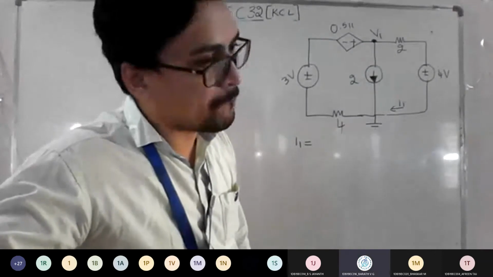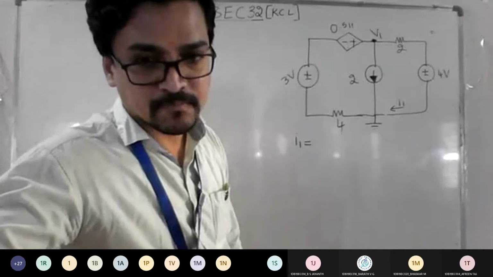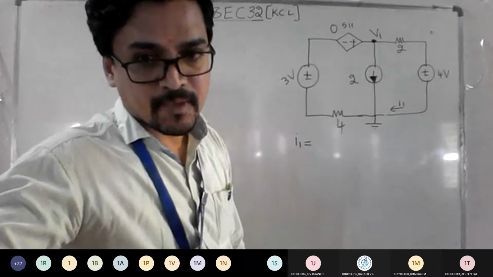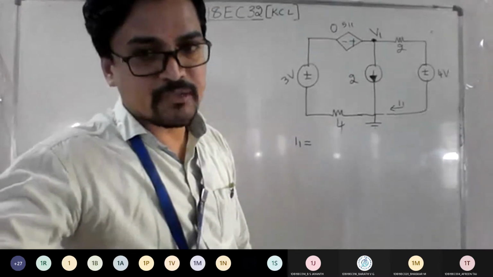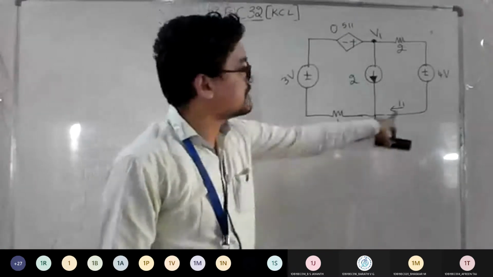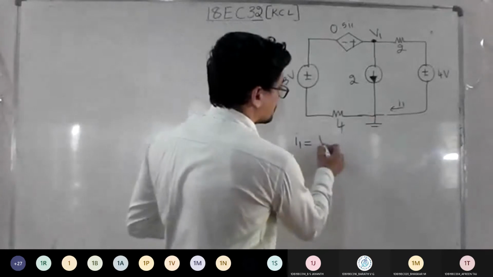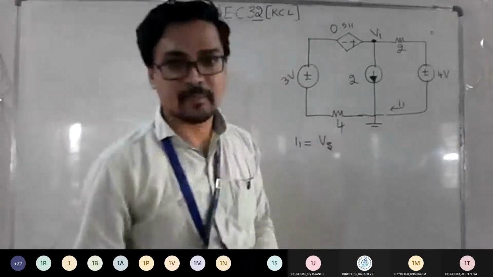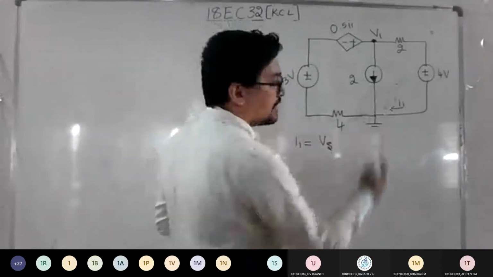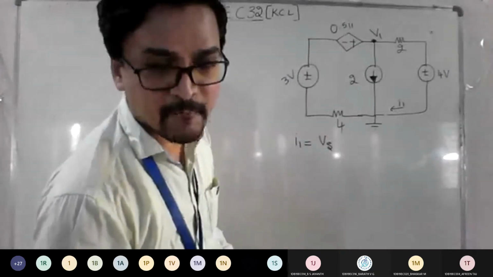Is it only 4 by 2? Actually we need to write current as V by R, correct? This is entering towards this ground, so that is also there in general. So it is V minus Vs. Then you have the supply of that also. Yes or no?